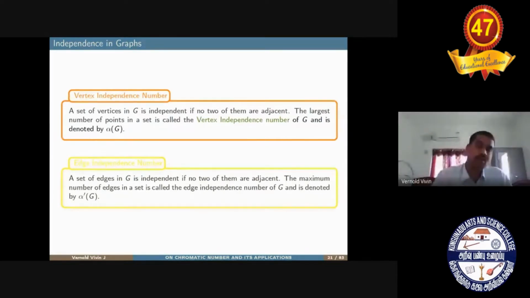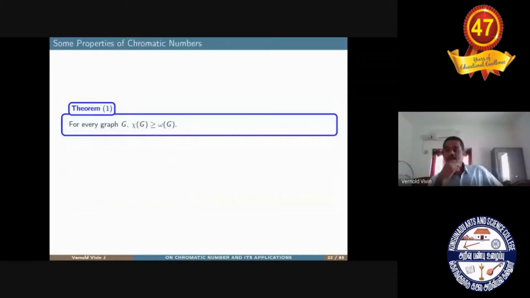In this presentation, we are going to see only the vertex independence number and the maximal clique, that is, the order of a maximal clique, which is called the clique number omega of G. Here are some of the basic theorems which I am going to use for my application.